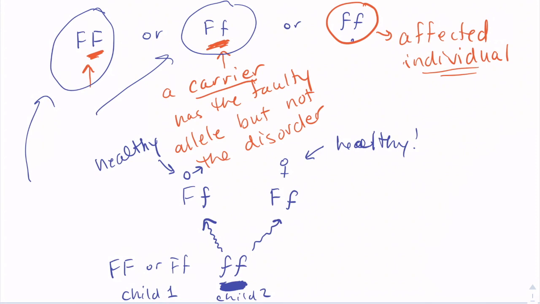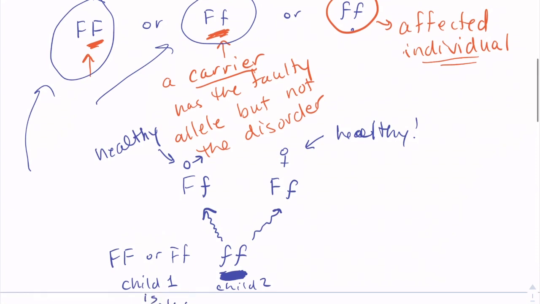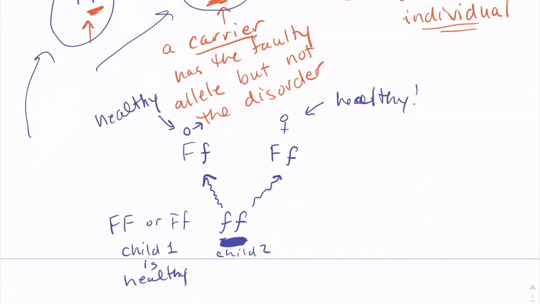So let's say, as a genetic counselor, you have convinced this couple that they are indeed both carriers of this and they must be heterozygous for this trait. Let's say this oldest child, child 1 here, grows up and is wondering, I wonder if I am homozygous dominant or if I too am a carrier.